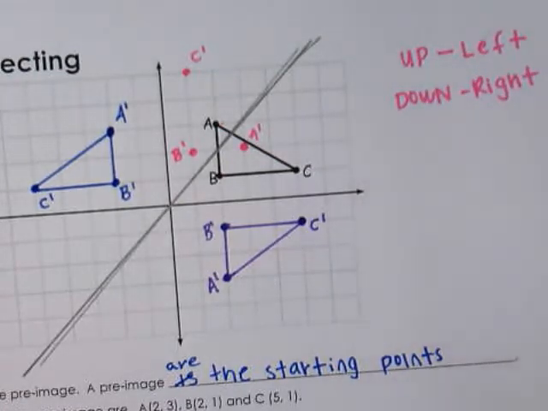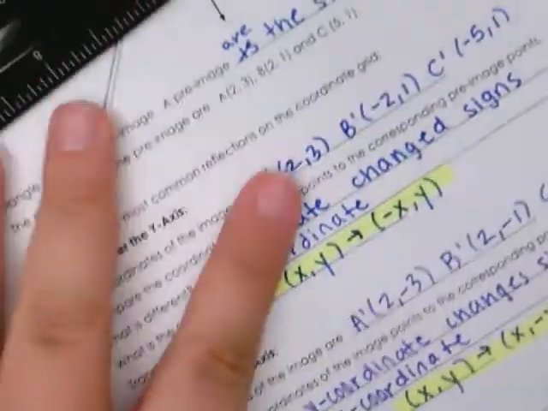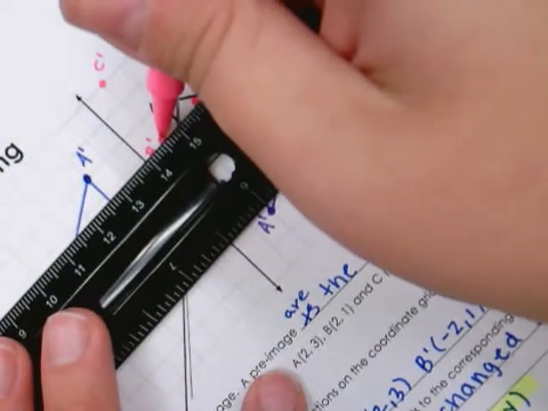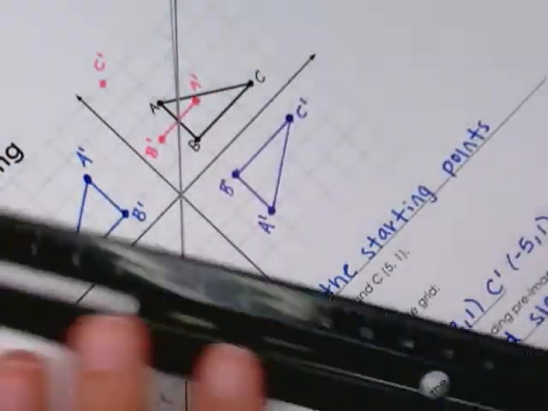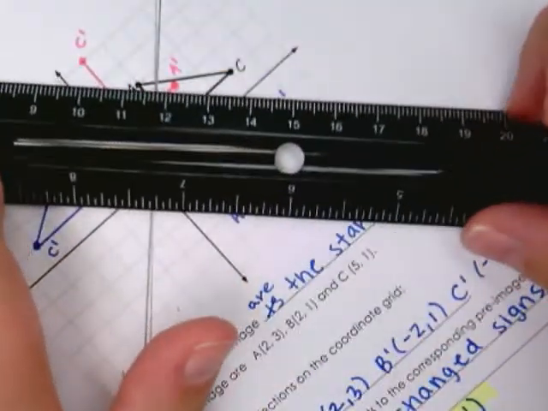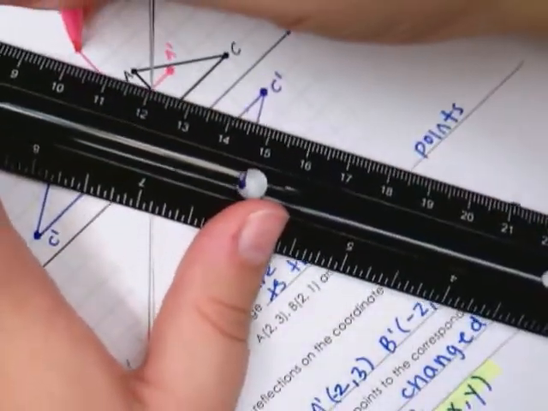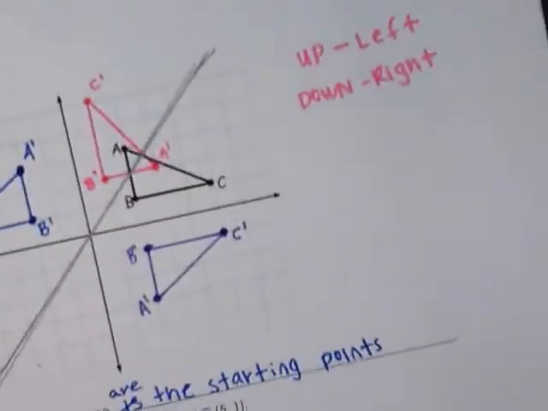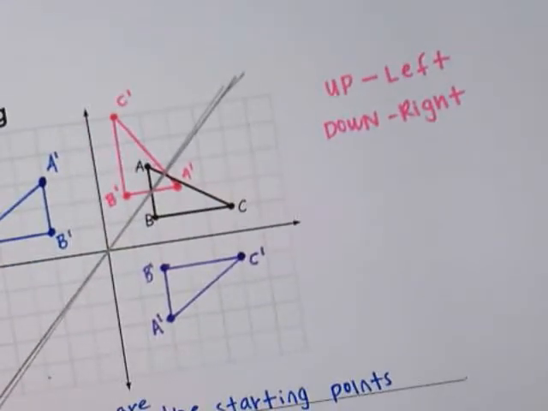Now I can connect these points to make our image for this one. So connect ones. And now we've got the image A prime, B prime, C prime.